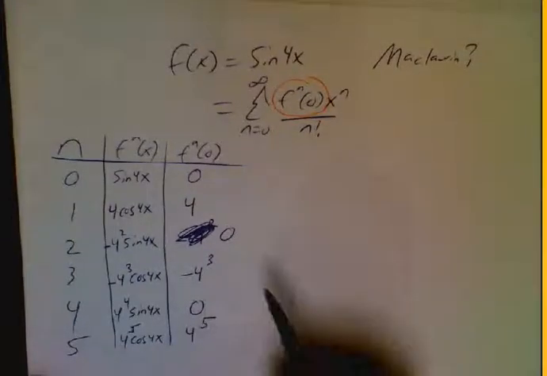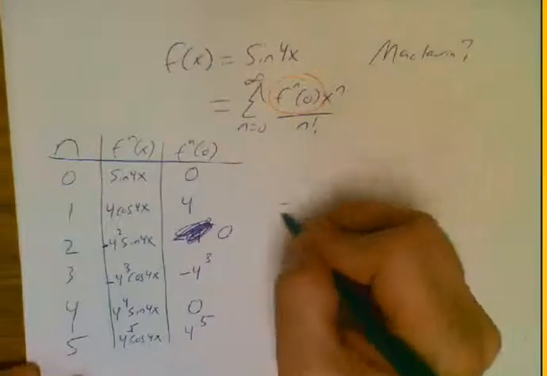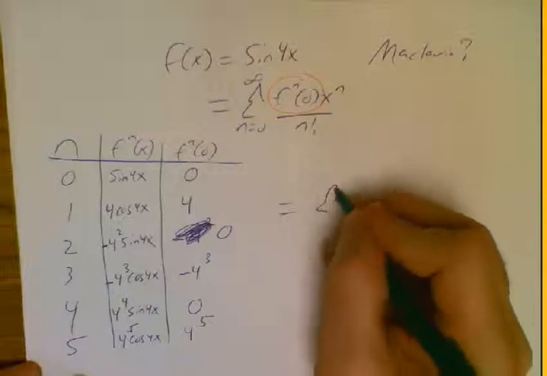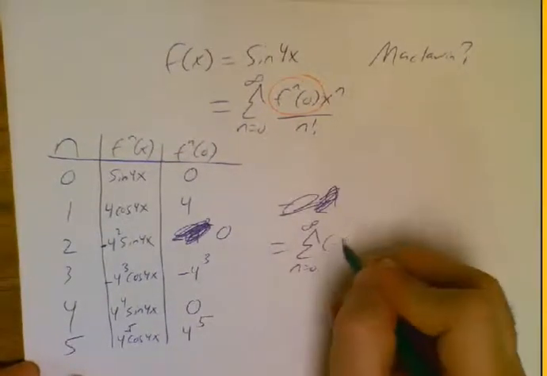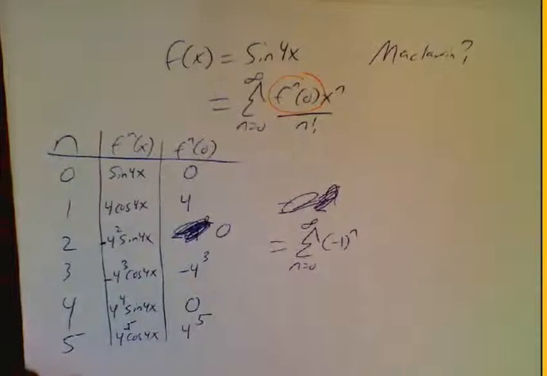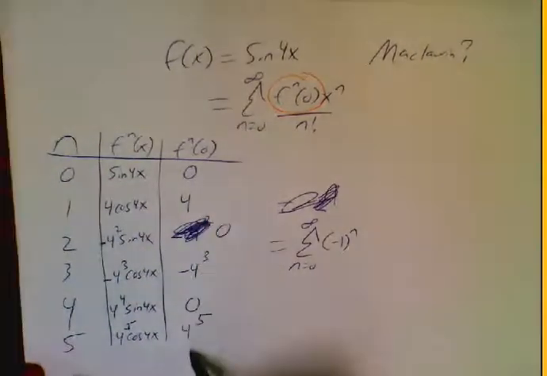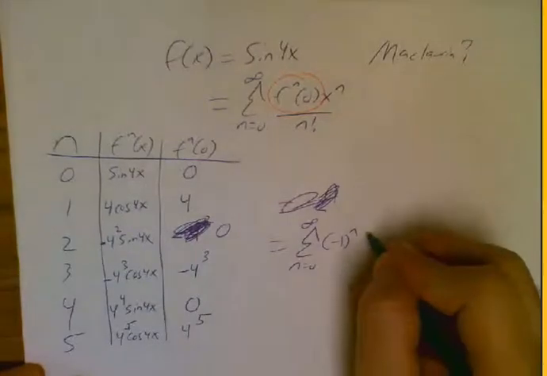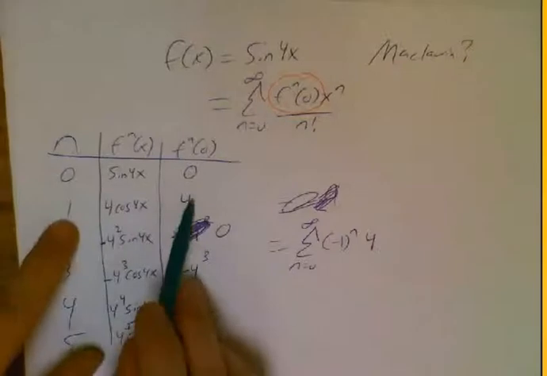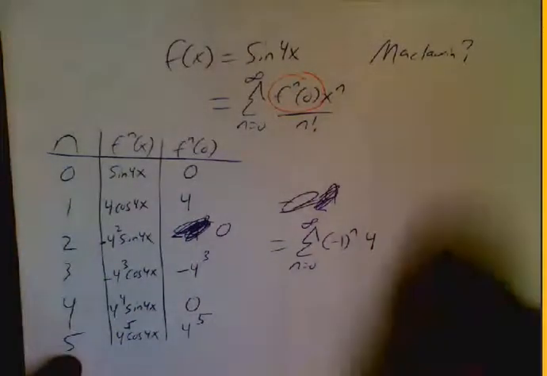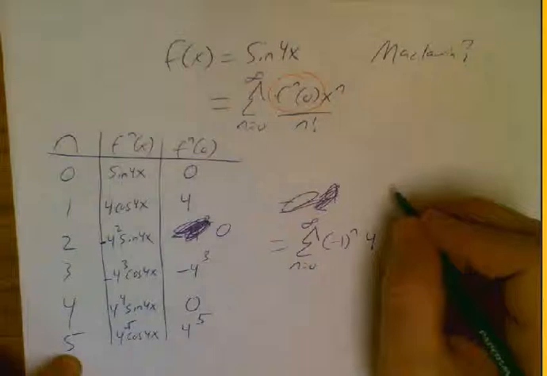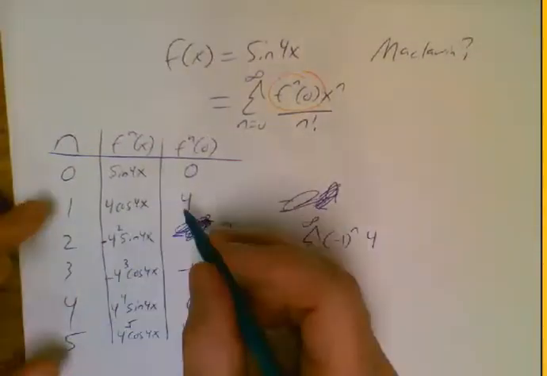So hopefully you can see the pattern. It still alternates. So I'm expecting an alternating series, which makes sense. But I have all these 4's now instead of 1's. So it's going to be 4 to the n, right? It's a perfect match: n is 1, n is 3, n is 5. They're odds, right? 1, 3, 5.